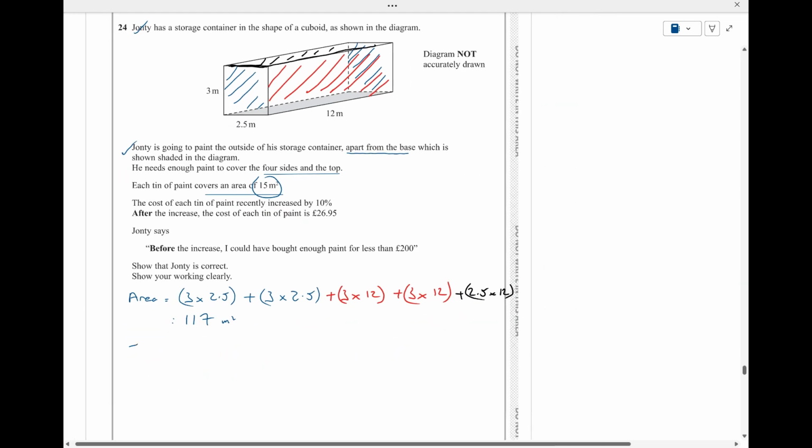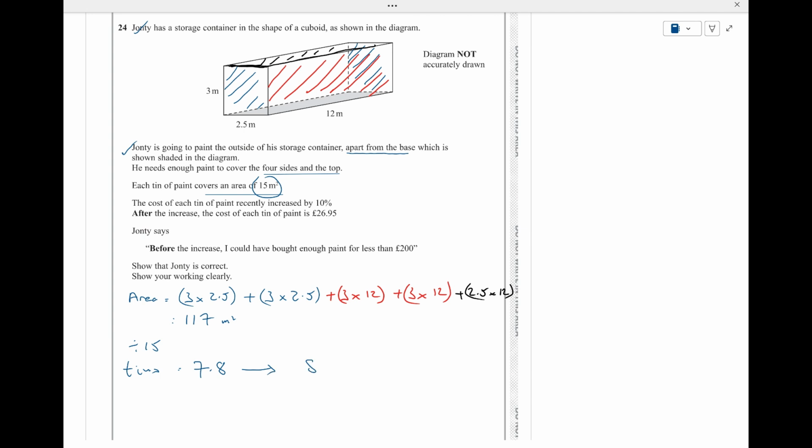So if I divide by 15, then I'm going to work out how many tins of paint he needs. How many tins? 117 divided by 15. He needs 7.8 tins. So he's going to need to buy 8 tins, isn't he? Okay, you can't buy 0.8 of a tin. So he needs to buy 8 tins.